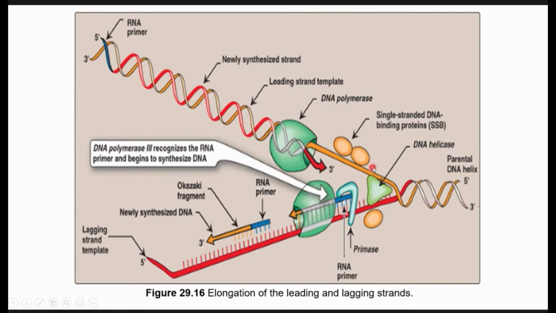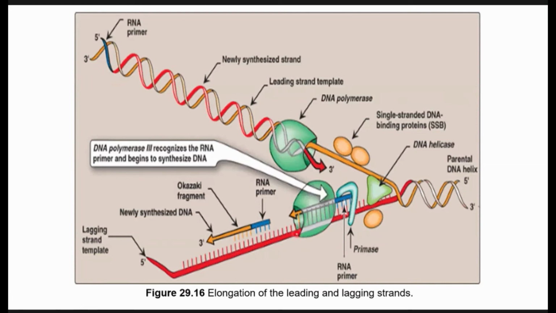This is the leading strand. The lagging strand is on the other side, this one. As we said, the reading has to be from 3 prime to 5 prime, but in this case it is the opposite of the direction of the fork. So basically, the DNA replication will replicate this strand segment by segment.